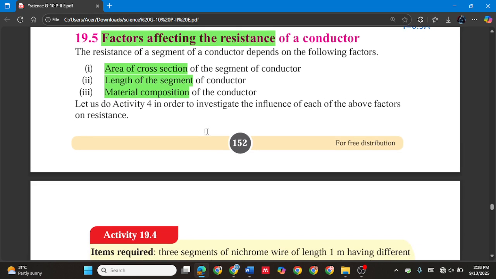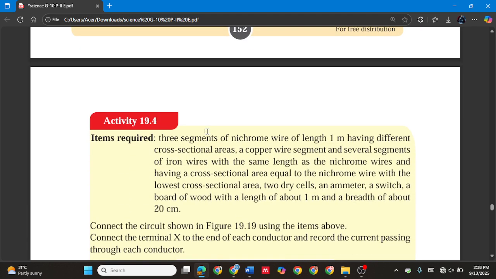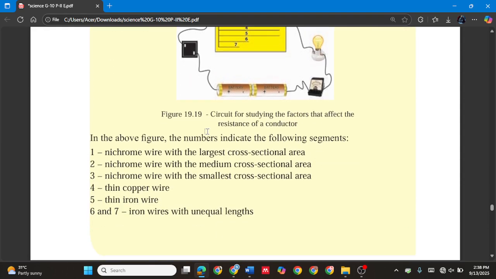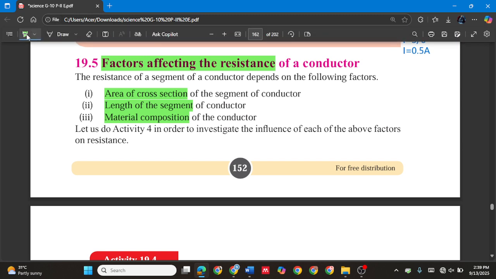Let us do activity 4 in order to investigate the influence of each of the above factors on resistance. So we are going to check their influence. That means what happens to the resistance if we increase the area, if we decrease the area, and what happens to the resistance if we increase the length, if we decrease the length, and what happens to the resistance if we use another material.